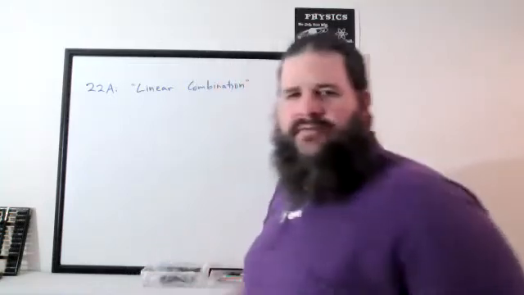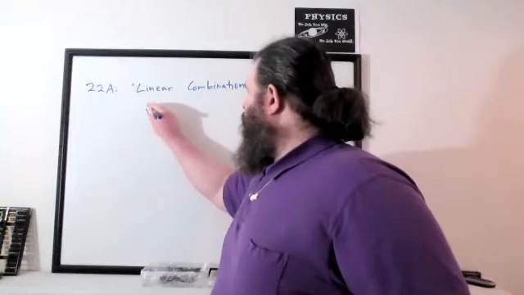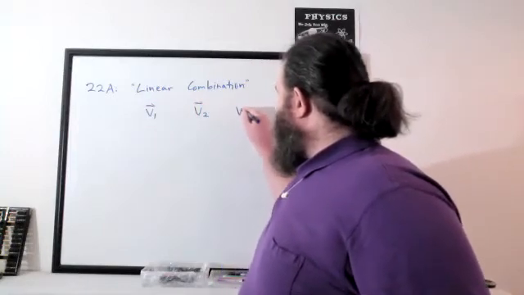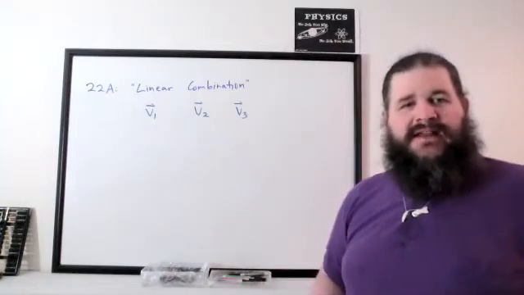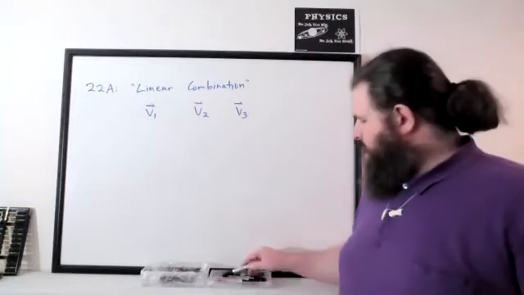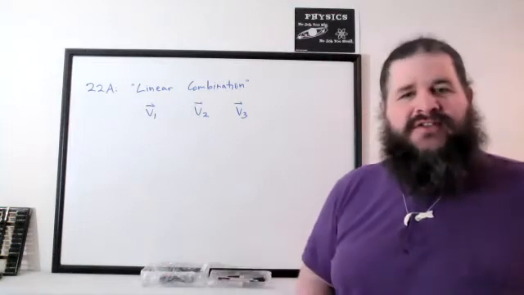Let's say you have maybe 3 vectors, v1, v2, v3. What would you do with those to form a linear combination of them? What does it mean to have a linear combination of these vectors?